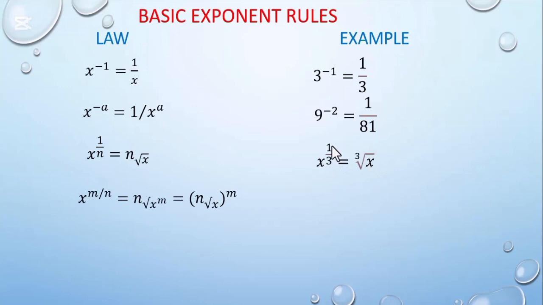Then the next law is just like the previous one, but we decided to explain it further by using m and n. Now here we have x to the power of m over n, which is still the power quotient law. Your m, which is the numerator, will come in form of the power, while the n, the denominator, will come in form of the root.